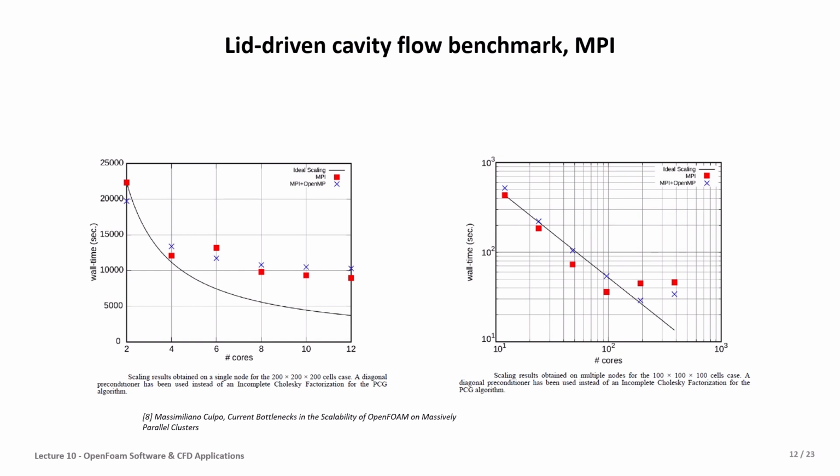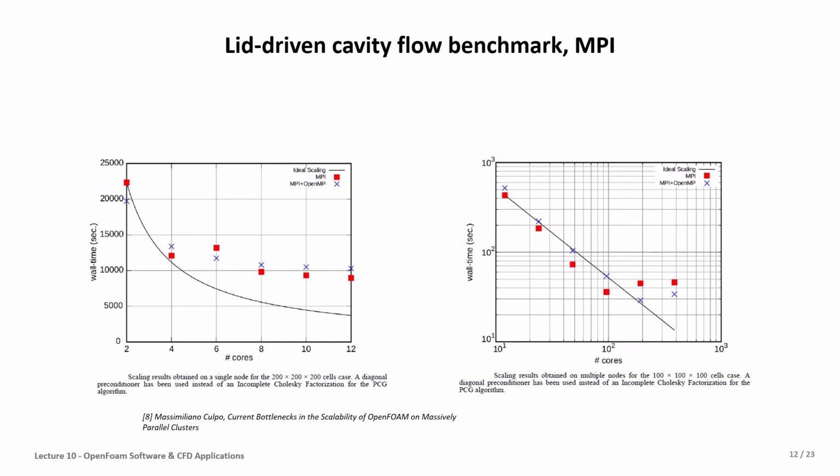But on the right-hand side, it's used for example with 100 by 100 by 100 cells with multiple nodes. And we can see when there is an increase in the number of cores, the ideal scaling, MPI and MPI plus OpenMP are close to each other.